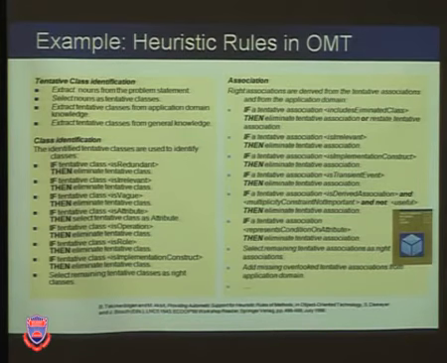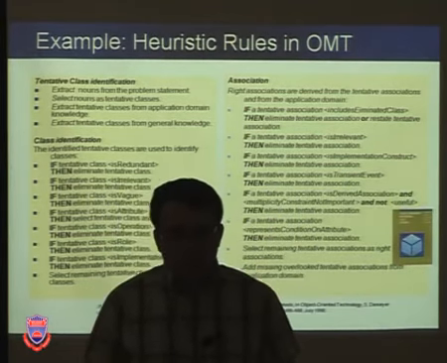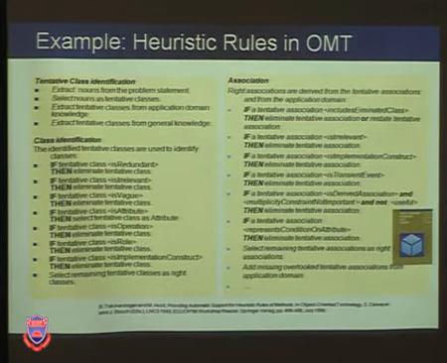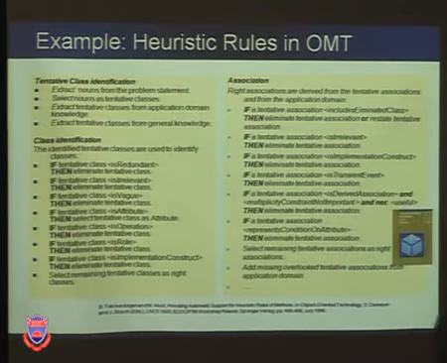In OMT, as we said, it describes the artifacts, but also the rules to produce these artifacts. For example, the first rule: extract nouns from the problem statement, from the requirement specification. You just define the nouns. Select these nouns as tentative classes. That's a rule. Then follows a set of rules. If a tentative class is redundant, eliminate it, so it's not a class.